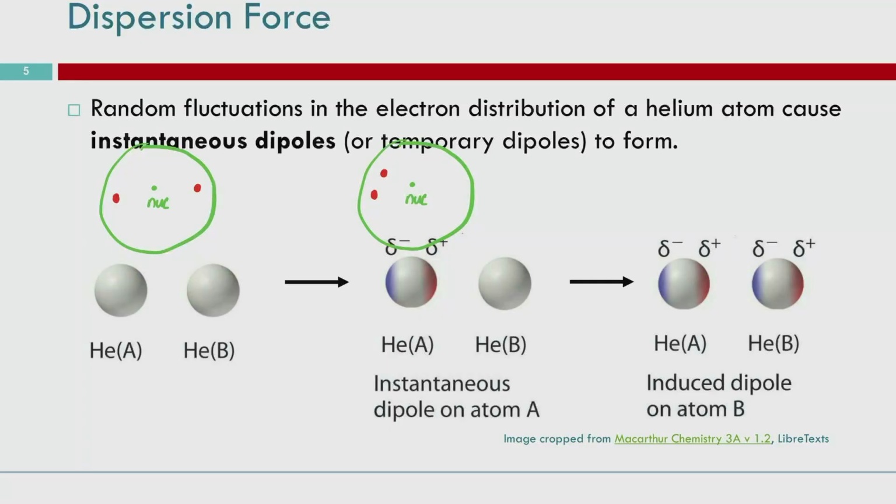And since we have electrons over on the left side, the electrons are negatively charged, and we don't have anything on the right side getting in the way of the positive charge of the nucleus, so we'll get a partial positive charge making its way through to the right side.